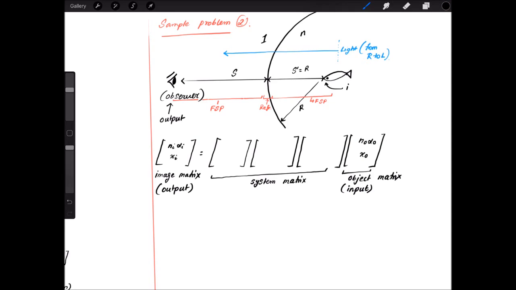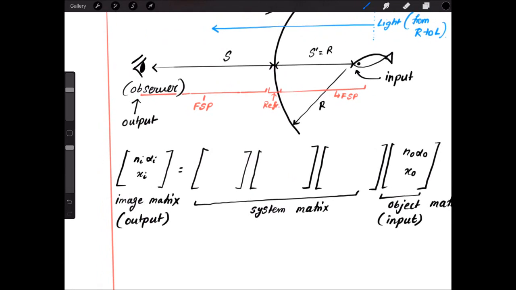So we have to write the matrices from output toward the input. Our output matrix equals first the free space propagation in S. So d0 in this case is going to be S, so we'll write 1, 0, S over n, and n is equal to 1 in this case. So S over n is S, and then 1.